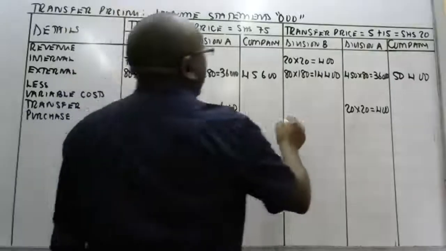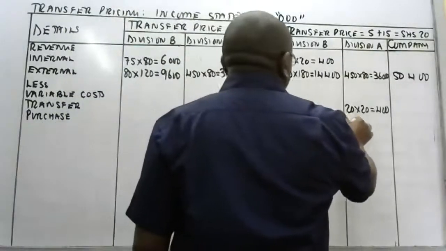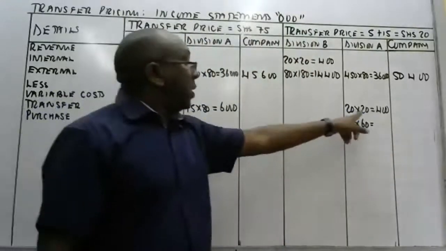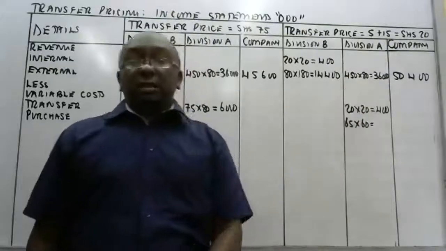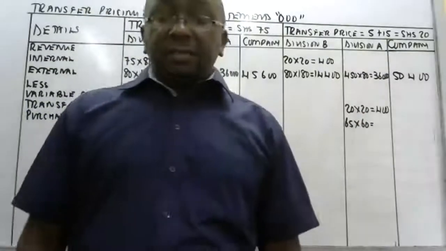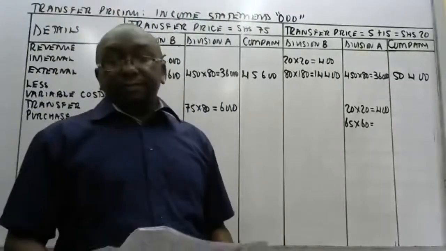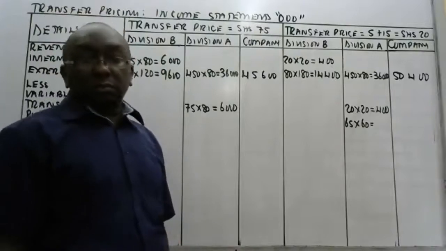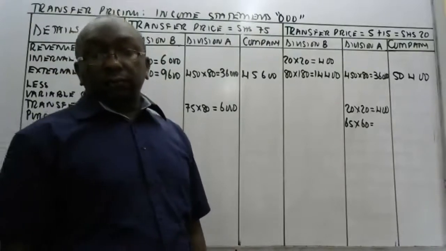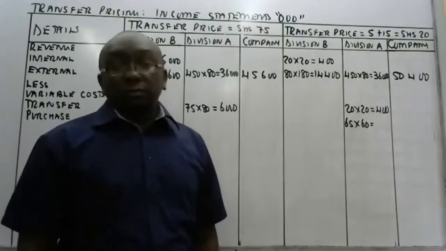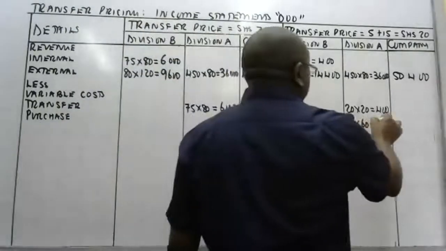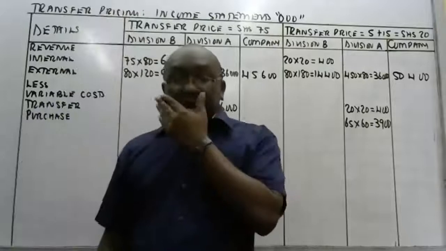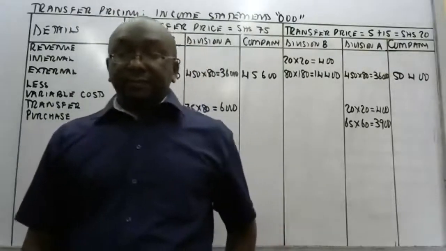So now he will have to buy at 65 times 60, so that these 20 plus these 60 go back to 80. So 65 times 60, how much is that? 3,900.